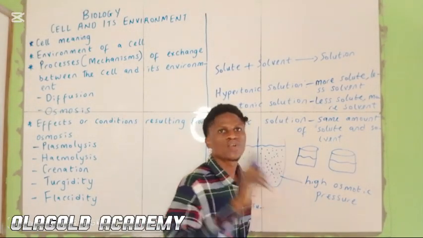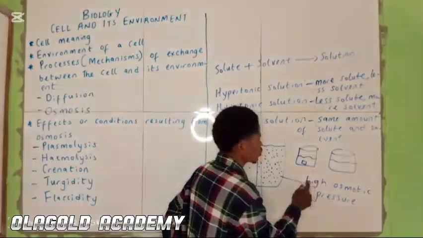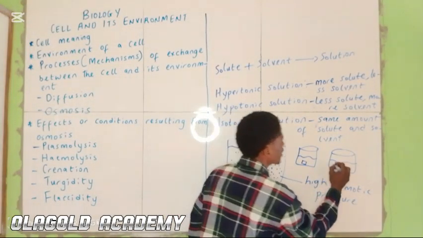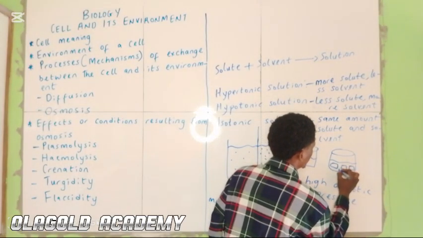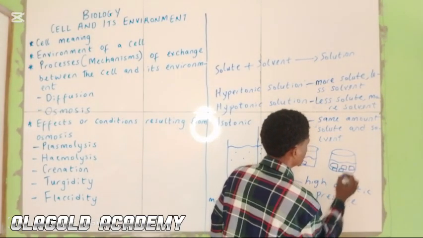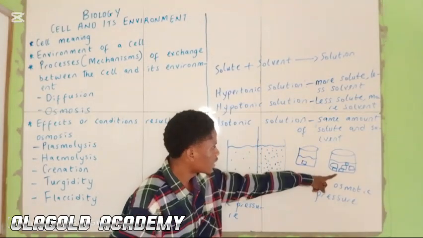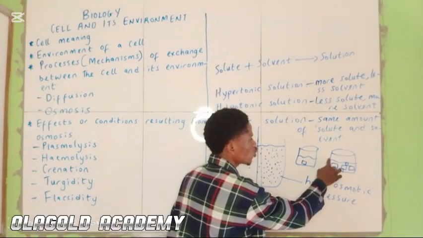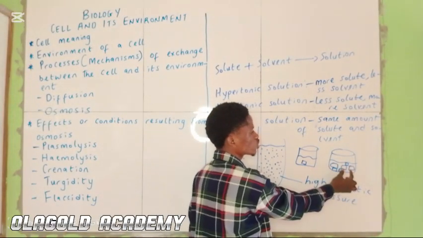Now, there is only 1 cube sugar in this one. And in this one, there are more cube sugar. From here, you can deduce that this water level rose to this level due to what?